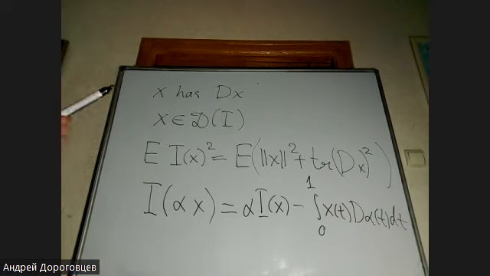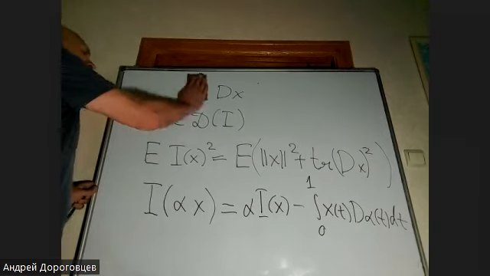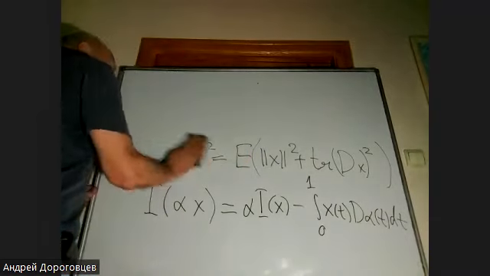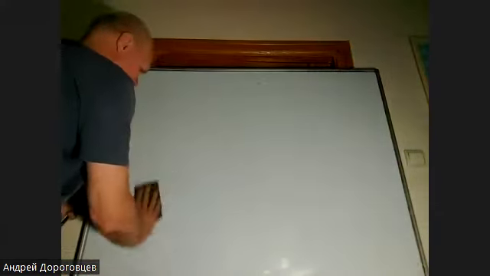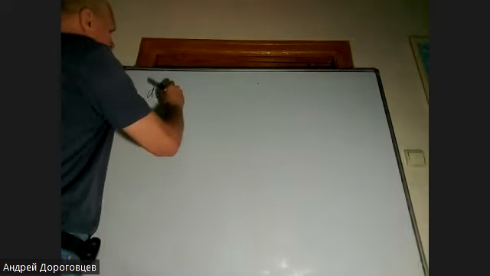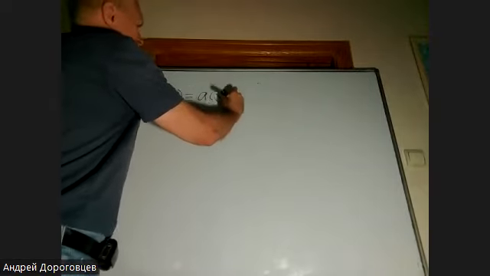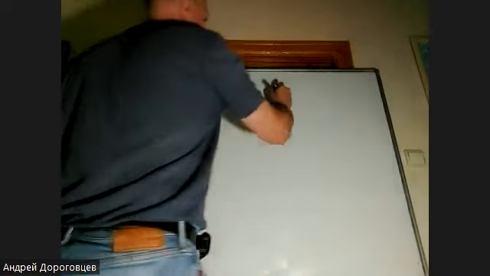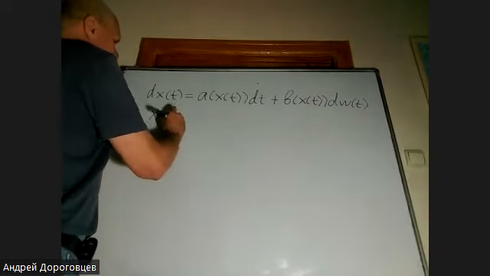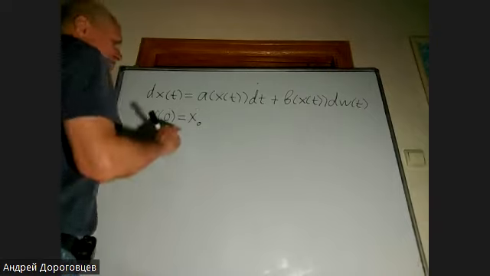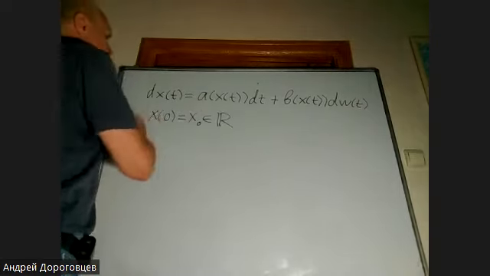And now it's time to discuss stochastic properties of solution to stochastic differential equations. I will consider the following Ito stochastic differential equation: dX_t is equal to a(X_t) dt plus b(X_t) dW_t. X at 0 I will suppose is equal to x0, which is a non-random deterministic number of the real line.